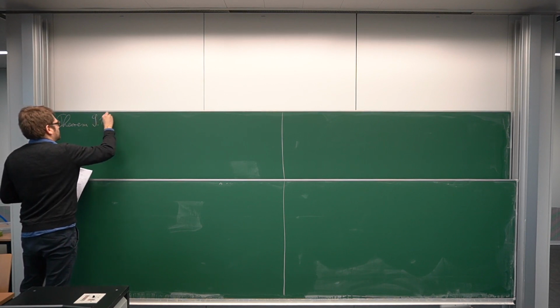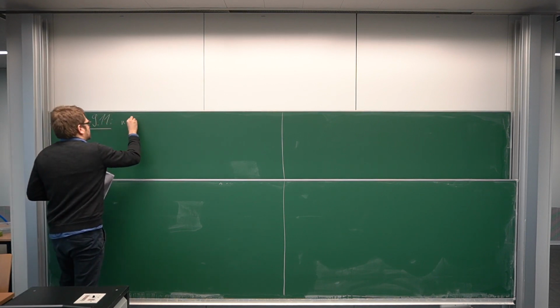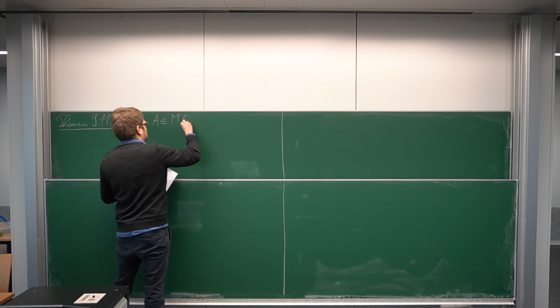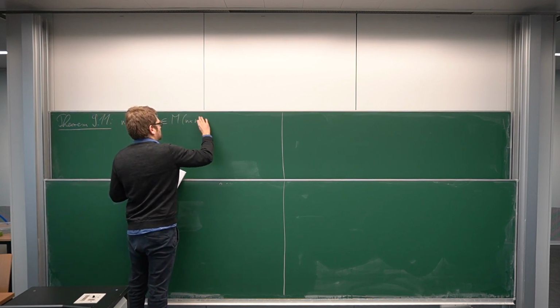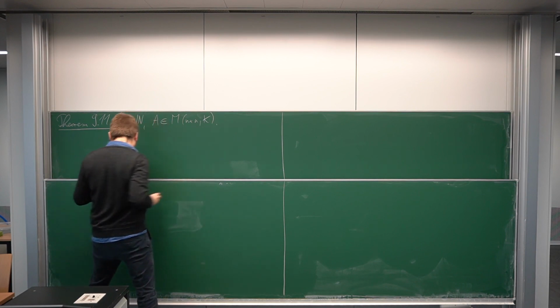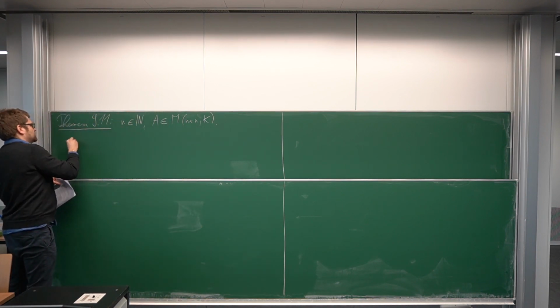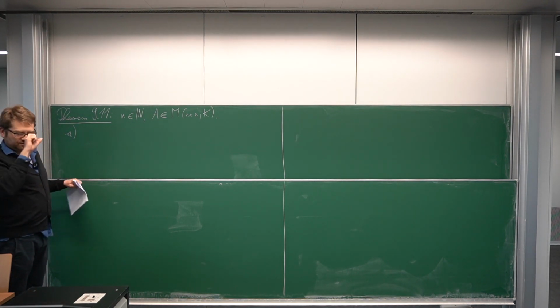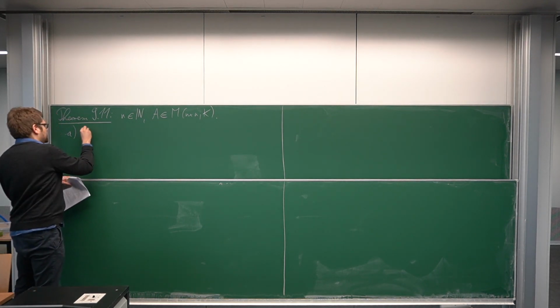So let n be in the natural numbers and let A be an n by n matrix. First of all, we had the swapping of rows, and if you take a look at the properties of the determinant, you can almost immediately see what happens.